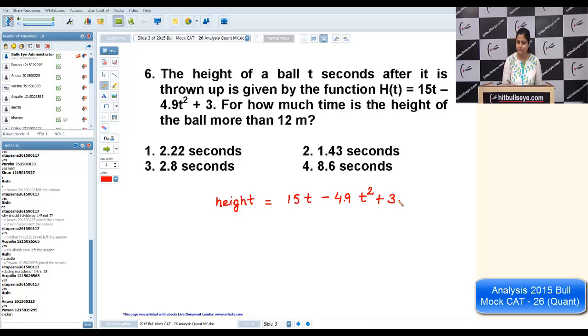It means the height should be more than 12. So if we solve it, we will get 4.9t squared minus 15t plus 9 less than 0. Now it will become an inequality. We'll solve this inequality.